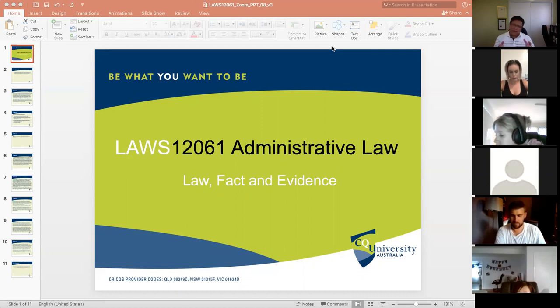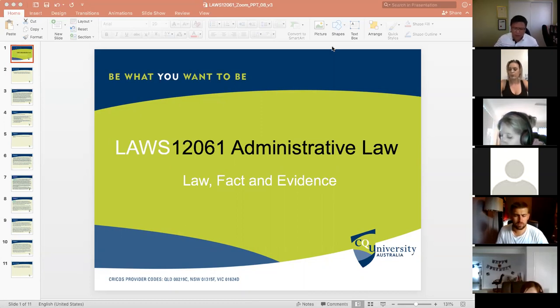We later see that there is a very strong link between the notions of an absence of evidence and Wednesbury unreasonableness, in the sense that when a decision maker makes a decision when there is no evidence, then surely the decision would amount to Wednesbury unreasonableness, because no reasonable person could arrive at that decision in the absence of evidence. So that's one.